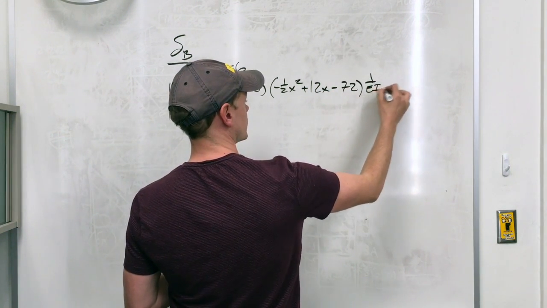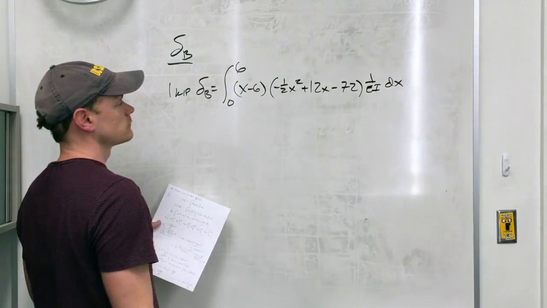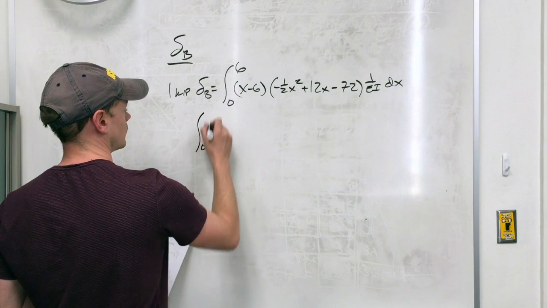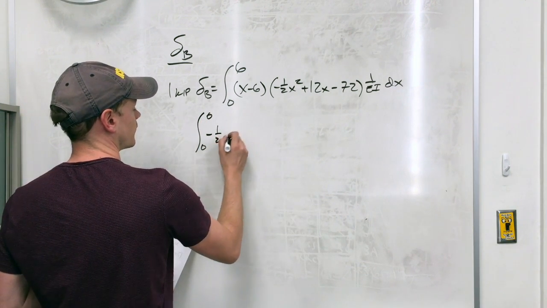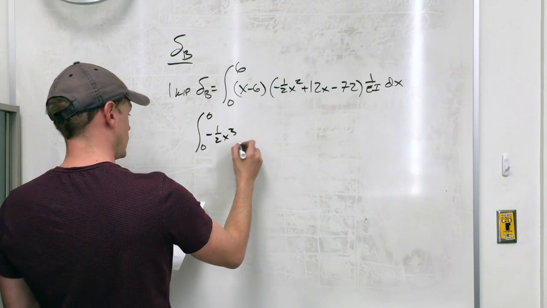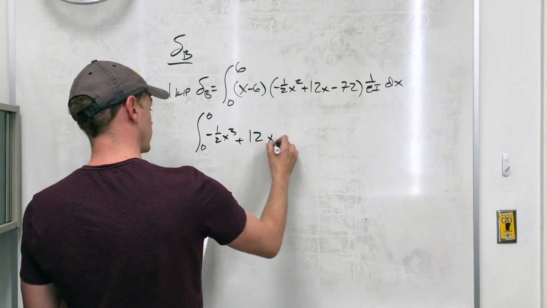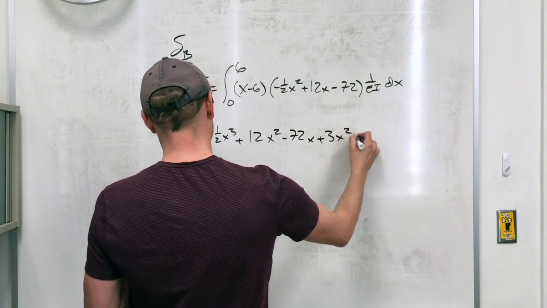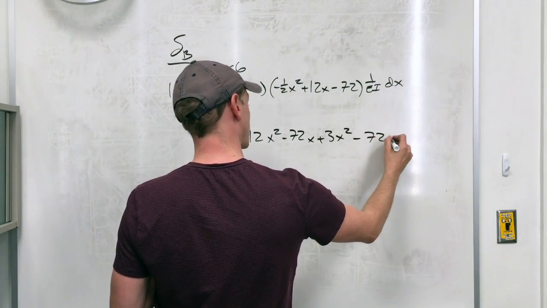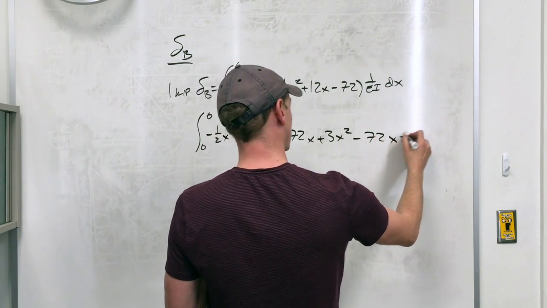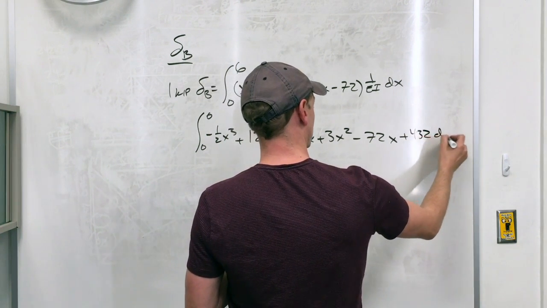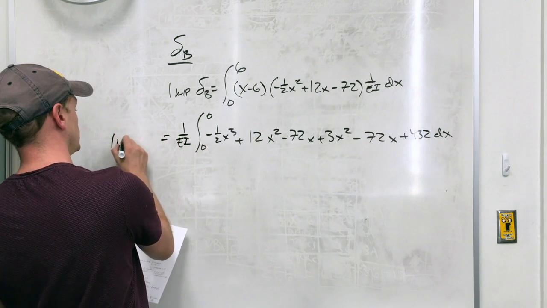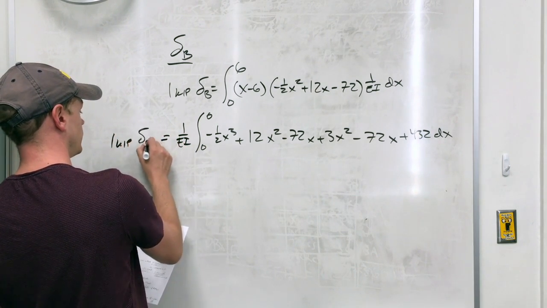Don't forget the 1 over EI. Now I can carry these out, right? x times this. I have 1/2 x cubed plus 12x squared, 72x, x squared, 72 again, and finally that one. I can bring my 1 over EI on the outside, keep my 1 kip, and delta B.